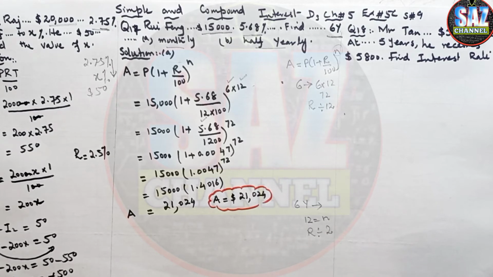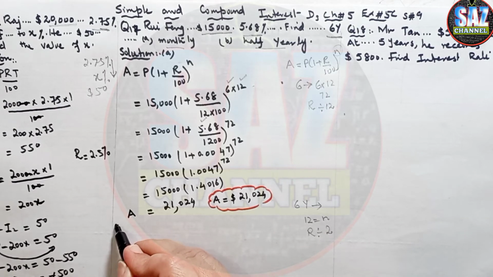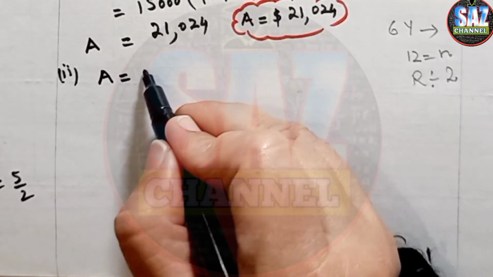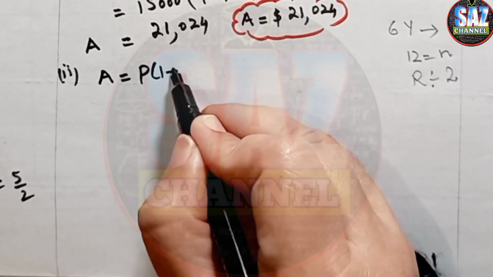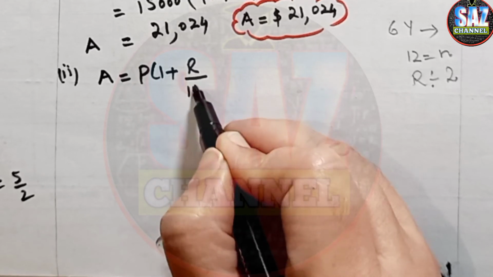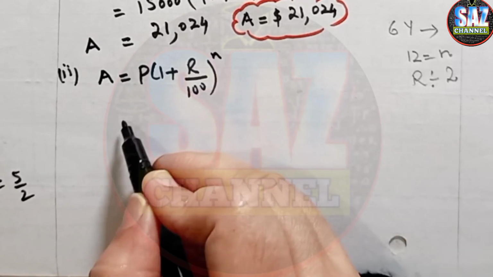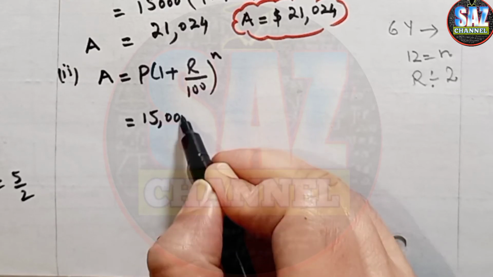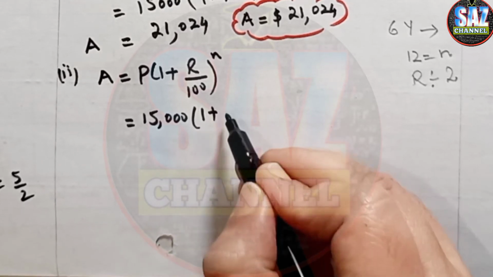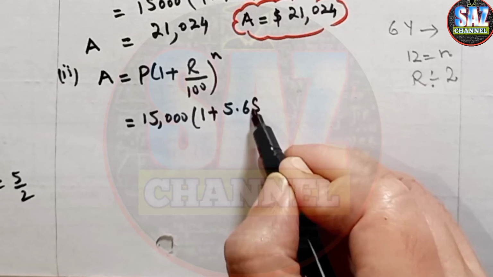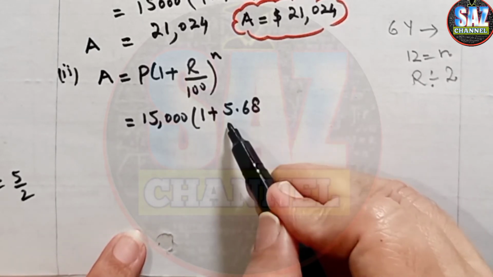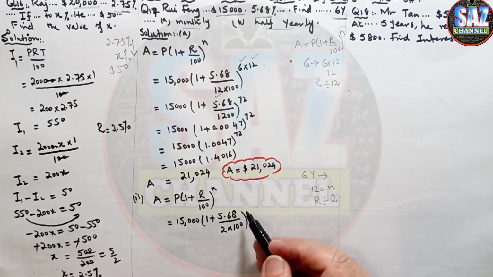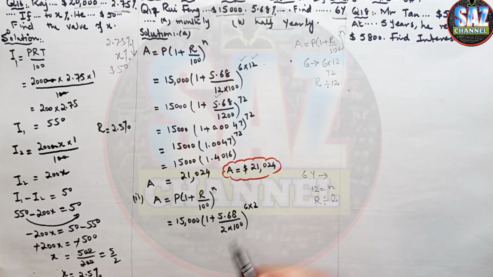Okay, so let's move to the second part of the question, and again the formula will remain the same: A equals P into 1 plus R over 100 raised to the power of n. The principal is 15,000, 1 plus rate is 5.68 upon 2 multiplied by 100, raised to the power 6 multiplied by 2.